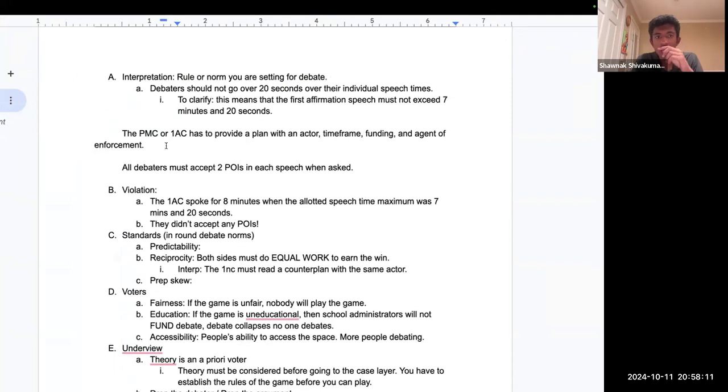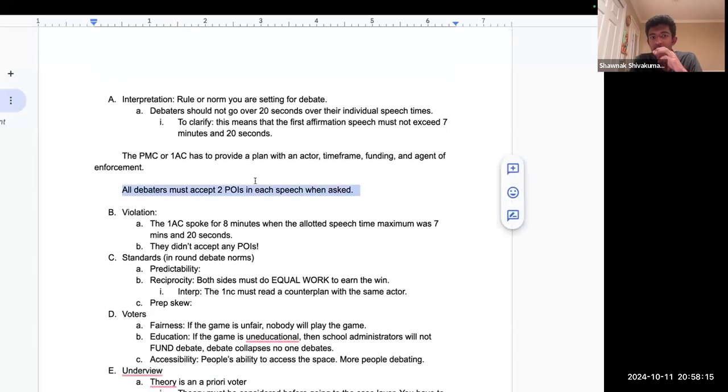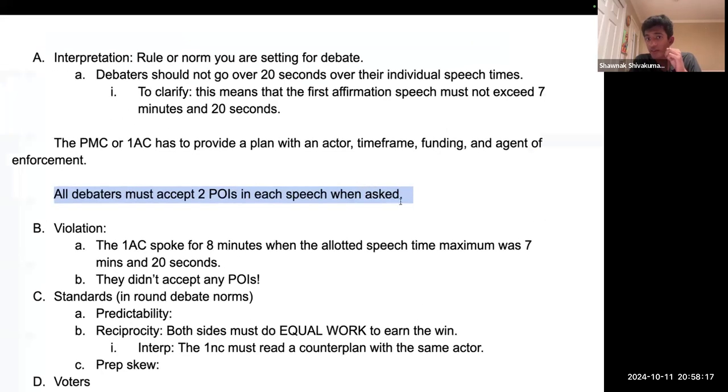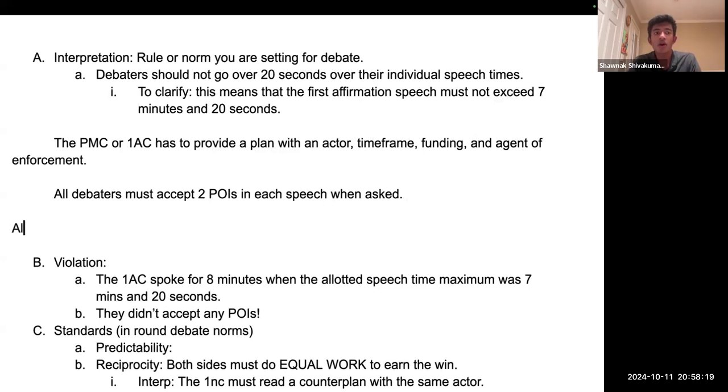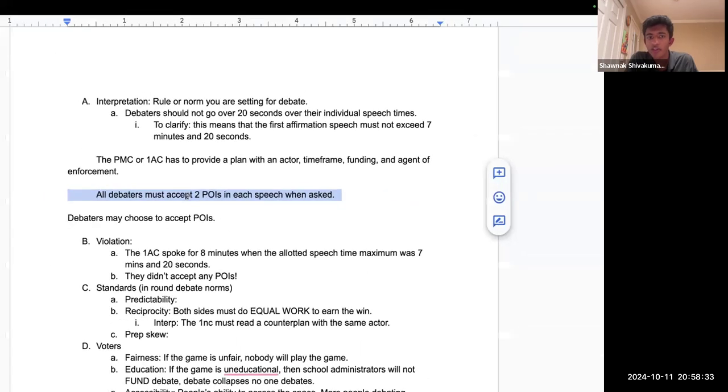So, for example, if you say all debaters must accept 2 POIs in each speech when asked, the opponent has to say all debaters may choose to accept POIs. Do you see how these are in direct conflict with each other? One is may choose, one is forced to. So one side is arguing for may choosing being better, and one side is arguing for must accepting is better.